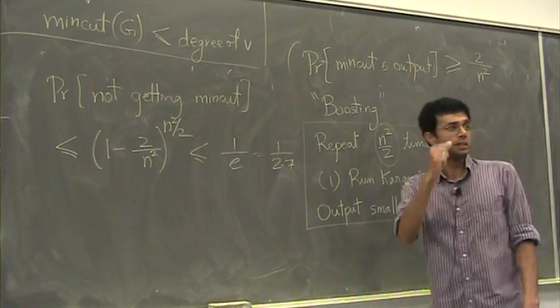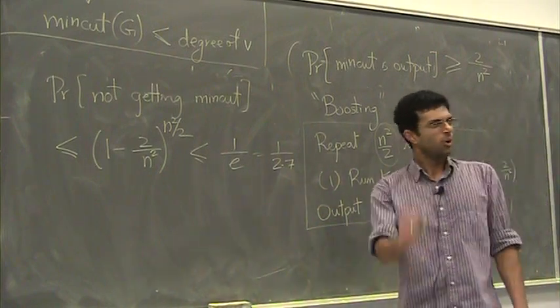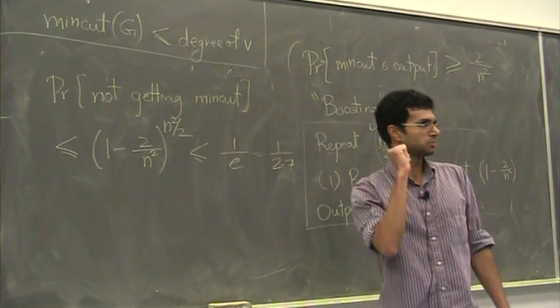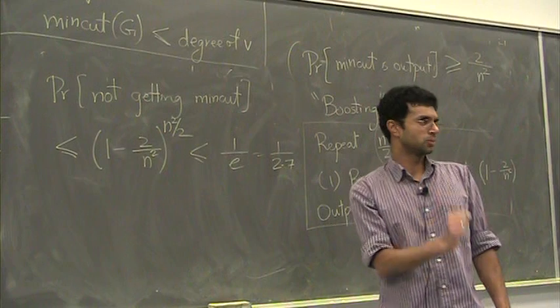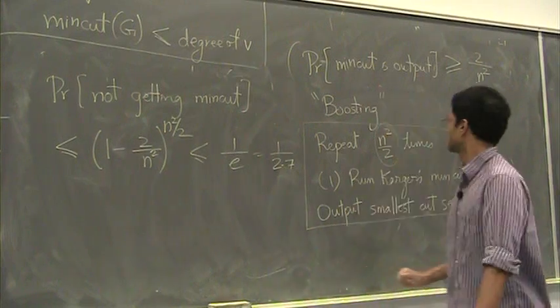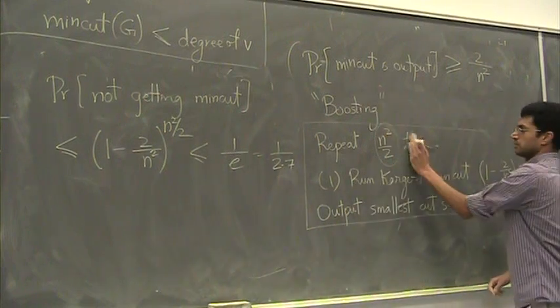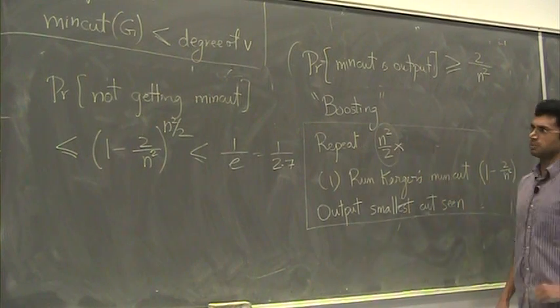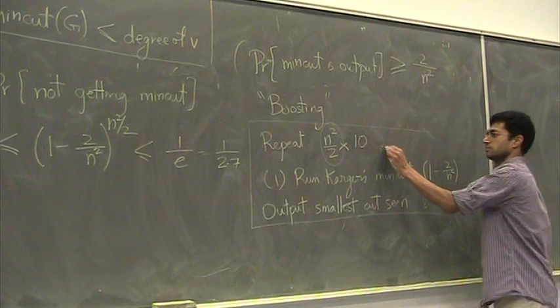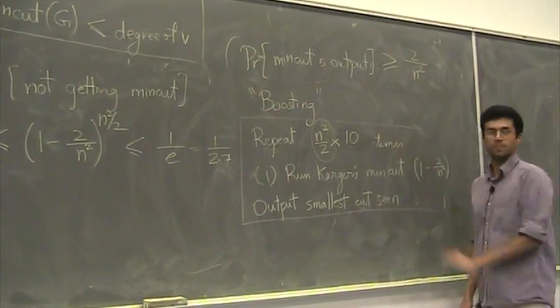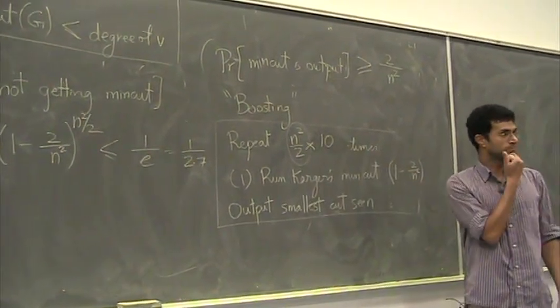But you might say, I really want the probability of failing to be really small. So let me multiply this by 10 times.